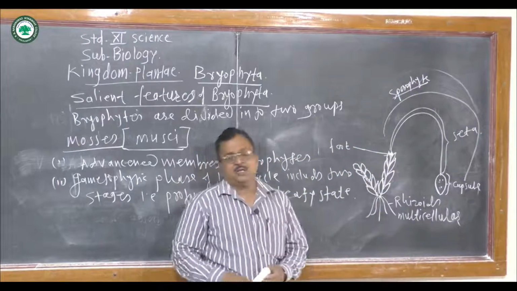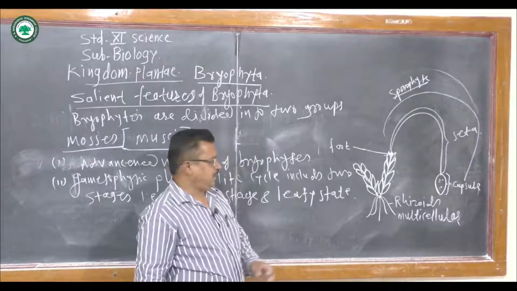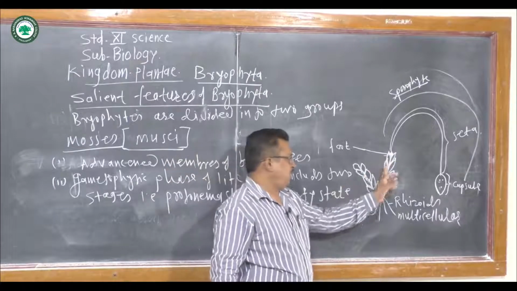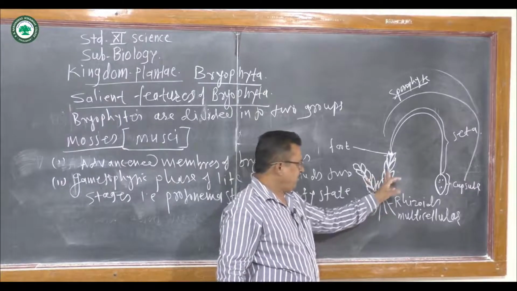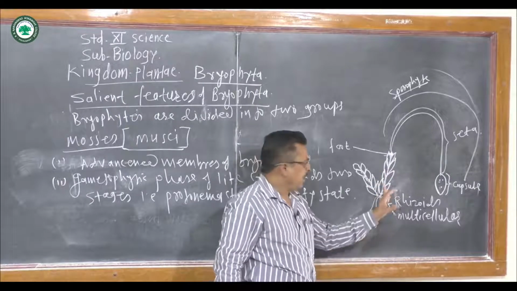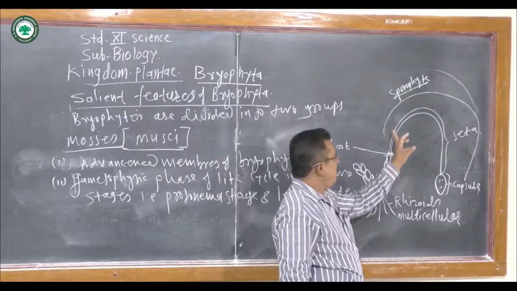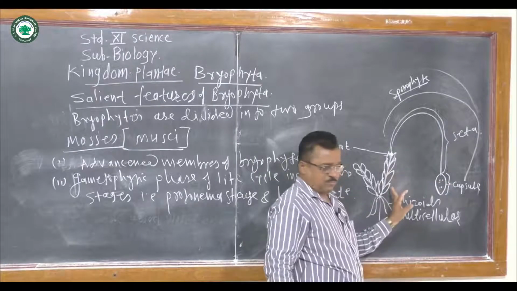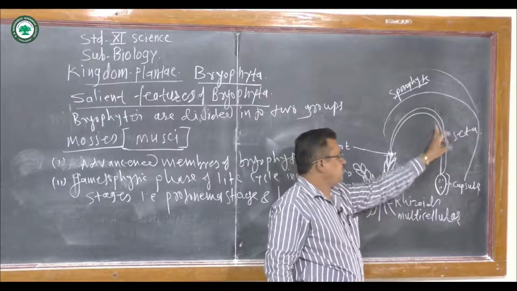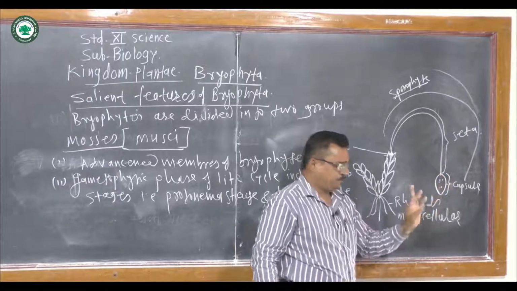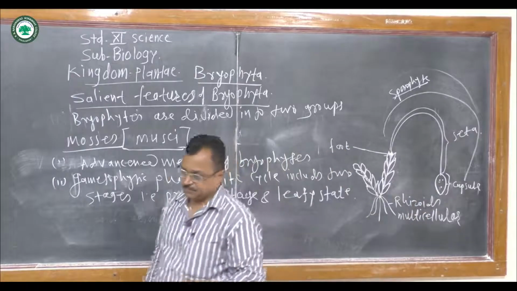The sporophyte is partially parasitic on the gametophyte. The gametophyte is autotrophic, but the sporophyte depends on the gametophyte for food. Hence it is called a parasite, and it produces the spores in the capsule at maturity.